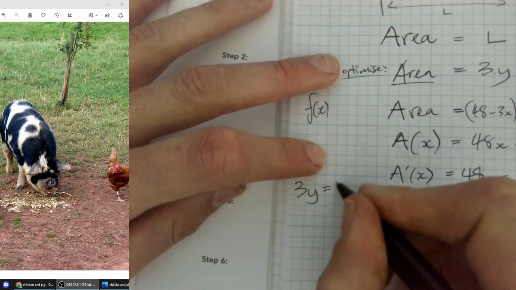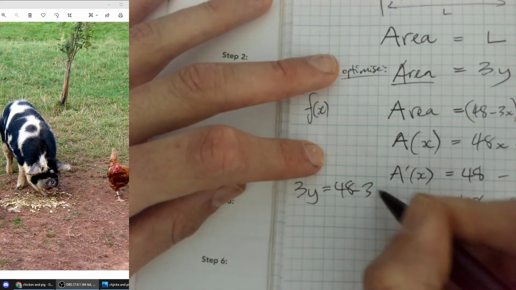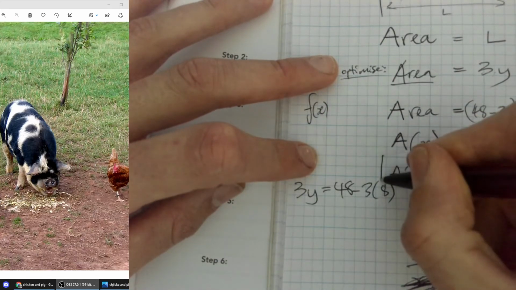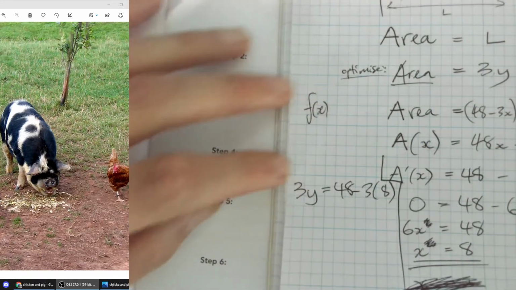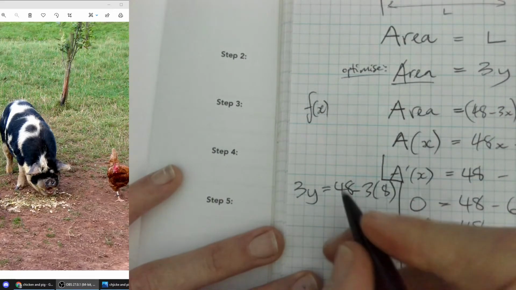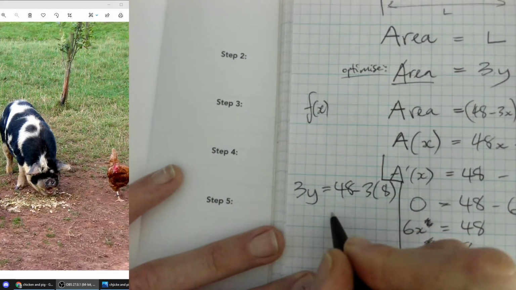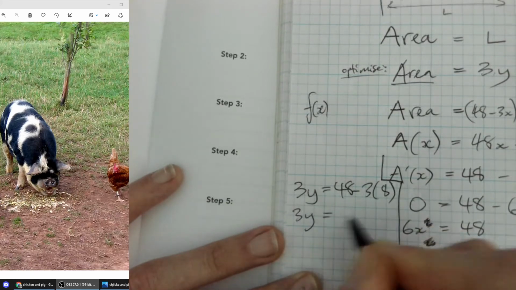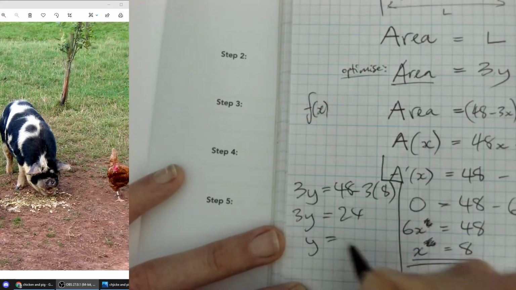3y equals 48 minus 3 times 8. 48 minus 24 equals 3y equals 24, y equals 8.